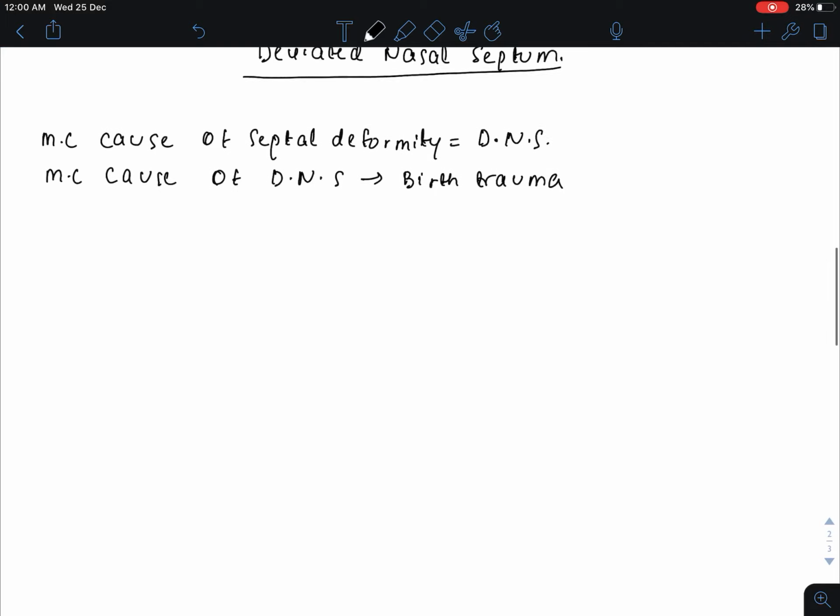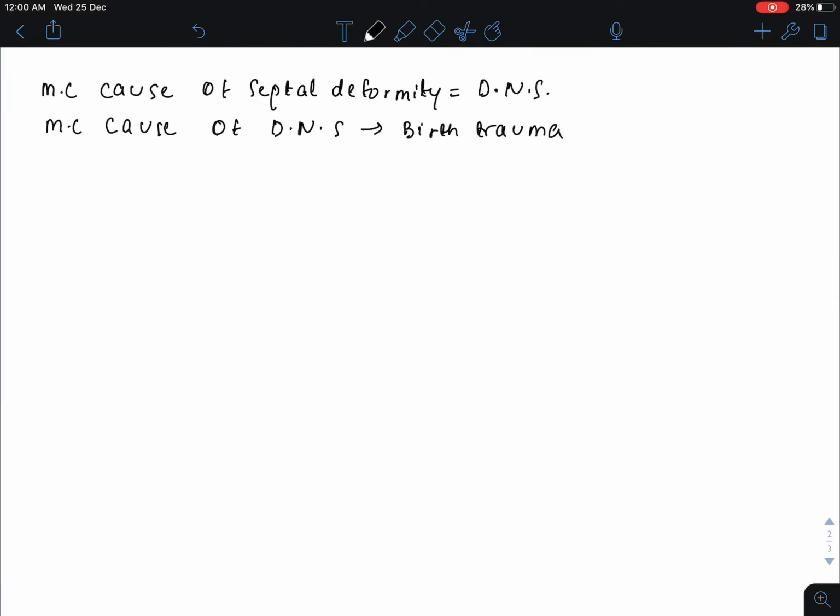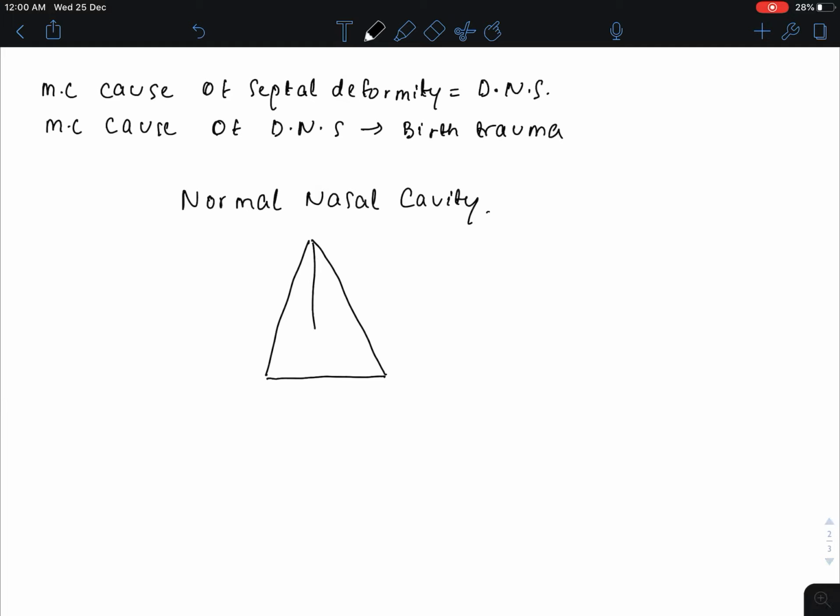Okay. Now I want to tell you about the normal nasal cavity. This is the nasal septum.